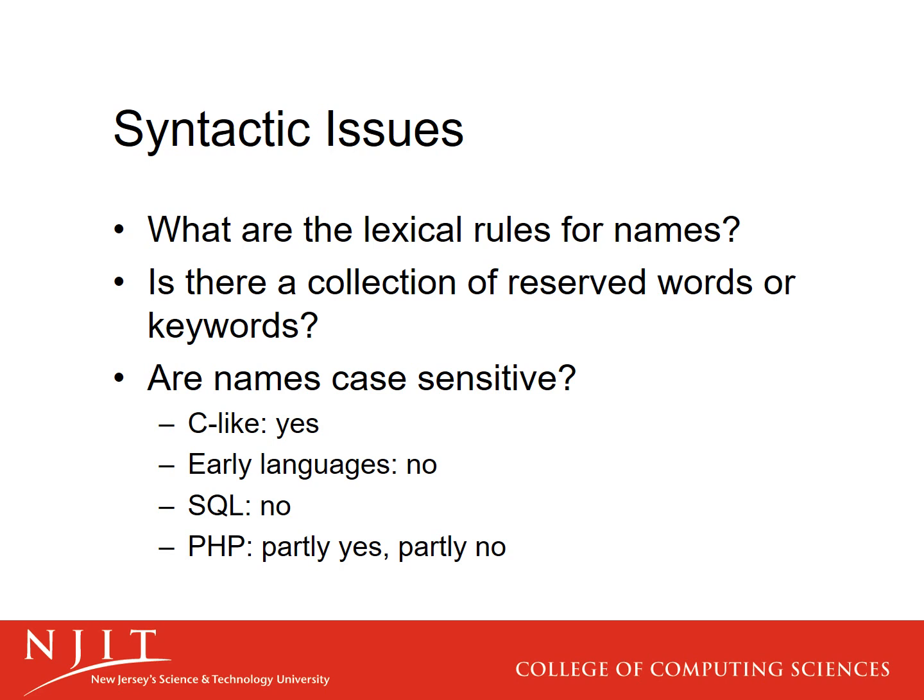Most languages keep a collection of reserved words or keywords. We're familiar with this in our programming projects. We're familiar with this in the programming languages we use. So things like int and if and class are reserved words. They have the same syntax as names in the language, but they're reserved. They can't be used as names because they're already reserved to be keywords in the language.